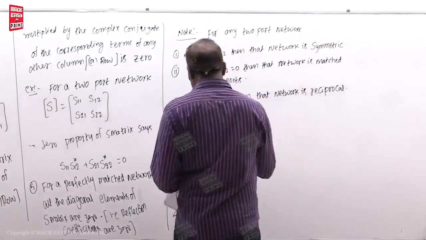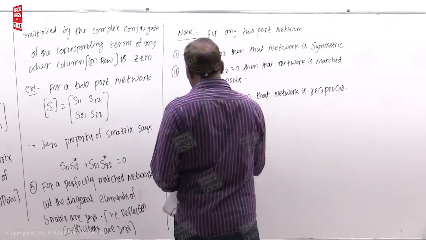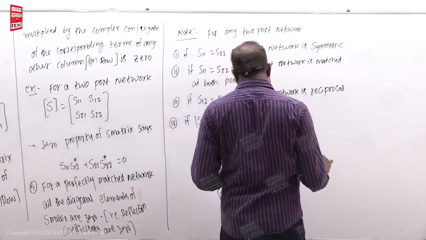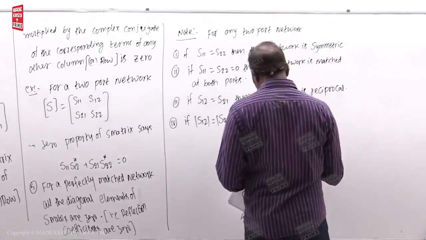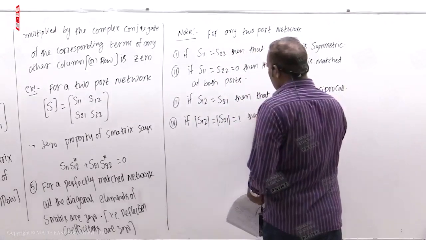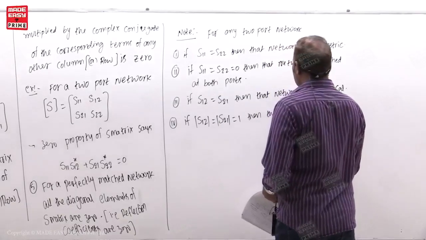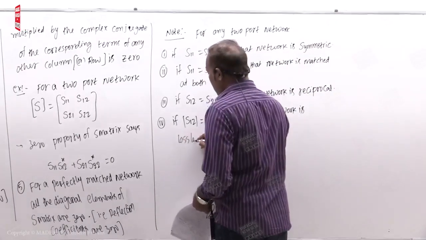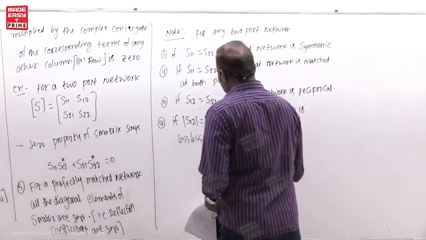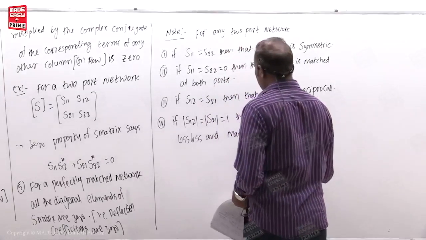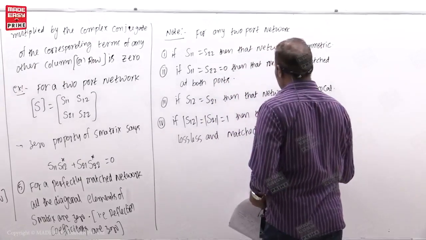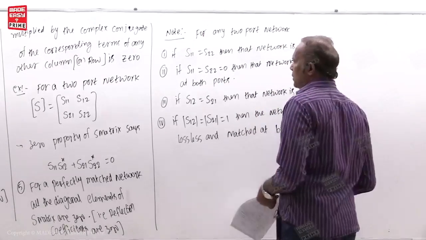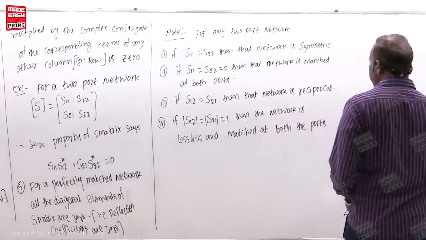So if modulus of S12 is equal to modulus of S21 is equal to 1, then the network is lossless and matched at both the ports. These are objective questions, students, right?